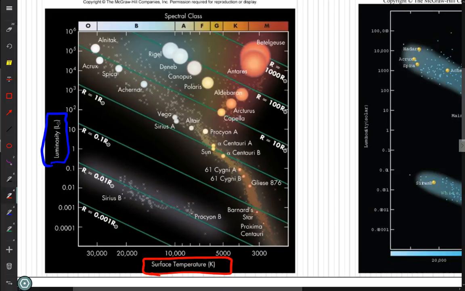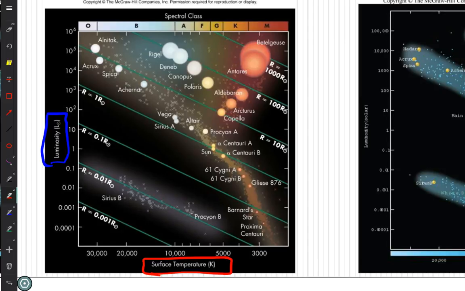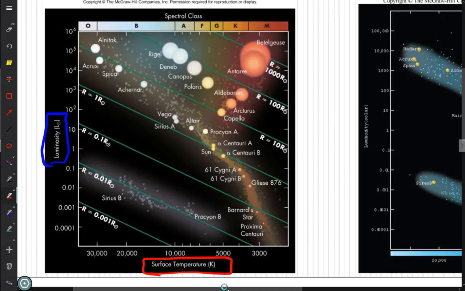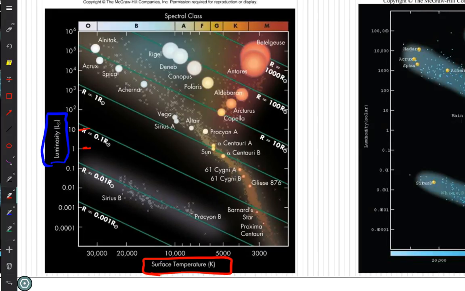Some things to note about this. We're going to go over it in detail, and we're going to start a little bit back. But notice the scale. The relationship between 1 and 10 is a factor of, multiply 1 by what to get to 10? It's a basic question, not a tricky, hard question. 1 multiplied by what is 10? 10, right.